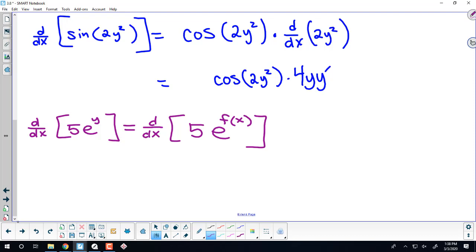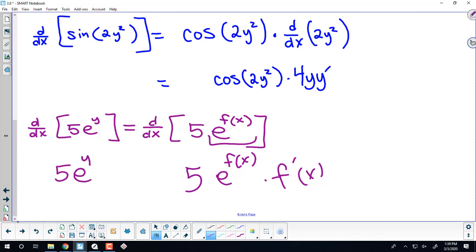Close, am I missing another y? So it's 5y prime e to the y. What's the derivative of e to any function? It's still e to that function times the derivative of the function, and we still have the 5 out front. So 5y prime e to the y.